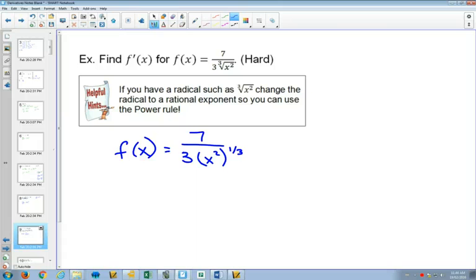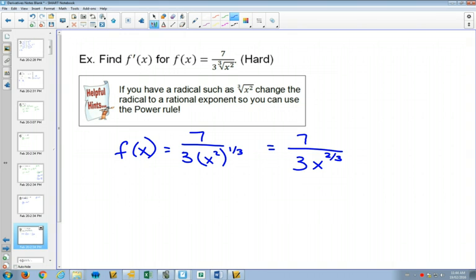A fourth root is the same as the power 1/4, and so on. Now, most of you will be able to go directly to x to the 2/3 in this case, but I just wanted to point out that a cube root is to the power 1/3. And then what is our exponent law when we have a power to a power? That's where we multiply, and 2 times a third will be 2/3.